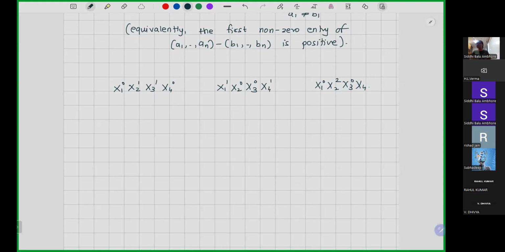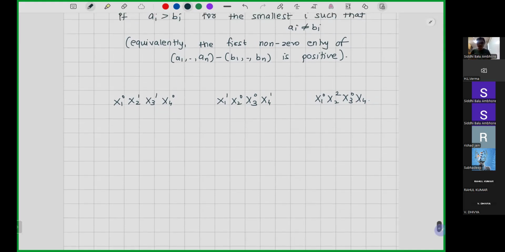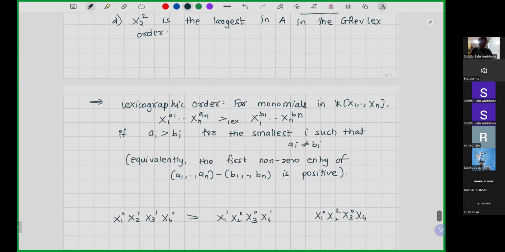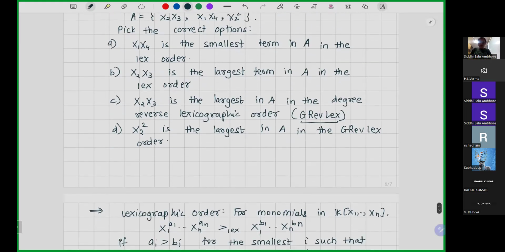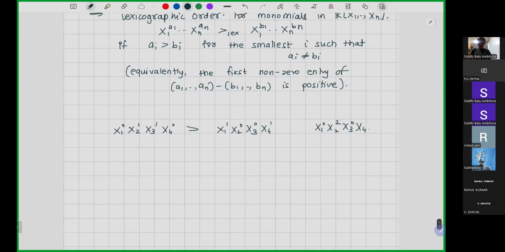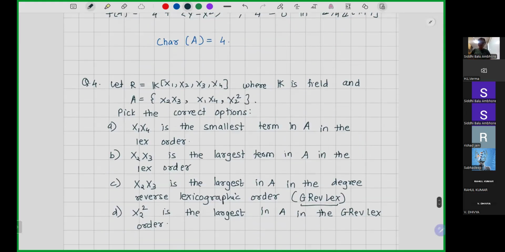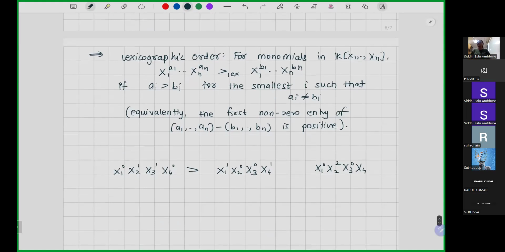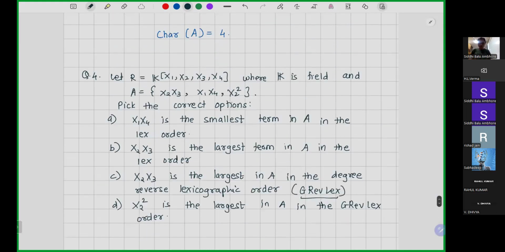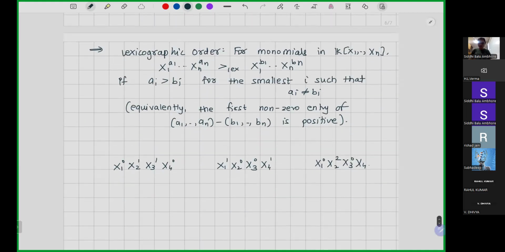The second term is the largest in lex. Yes, it is the largest, as suggested by Shubhadeep. They are asking whether x1x4 is the smallest. If this is the smallest, it has to be smaller than this as well as this.